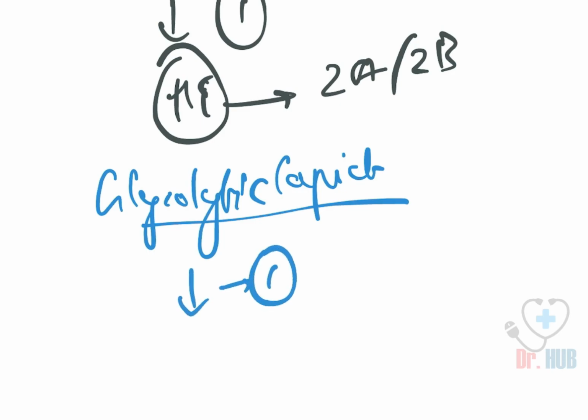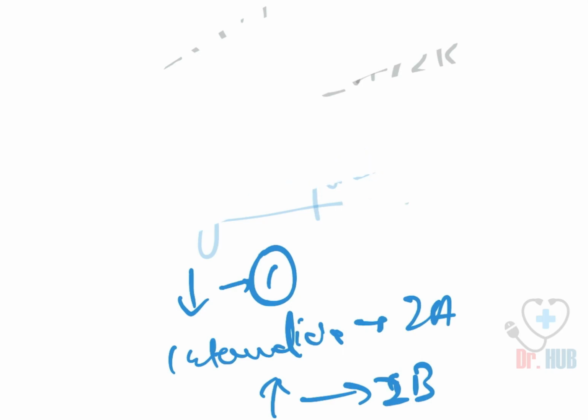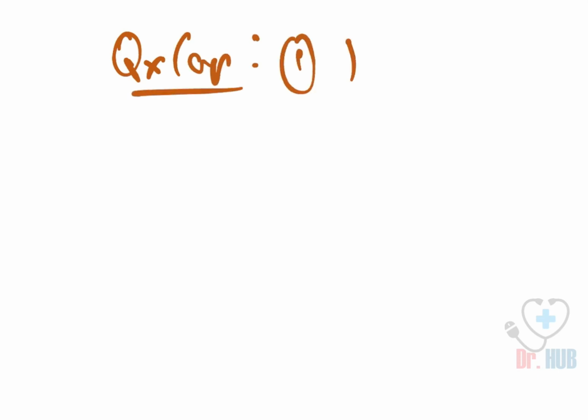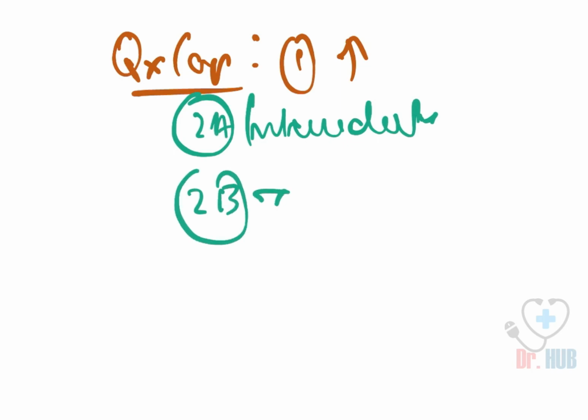It is low in type 1, intermediate in type 2A, and high in type 2B. Next, the oxidative capacity: type 1 is high, type 2A is intermediate, and type 2B is low.